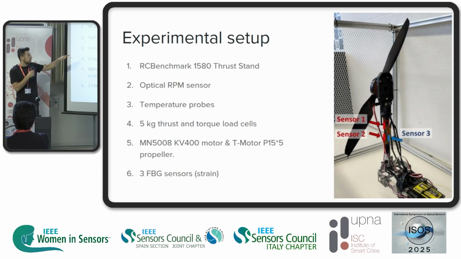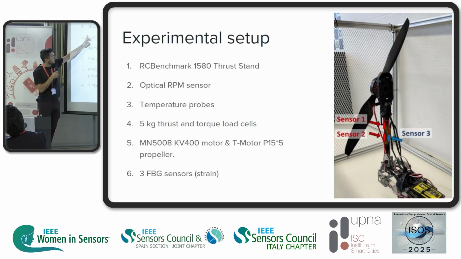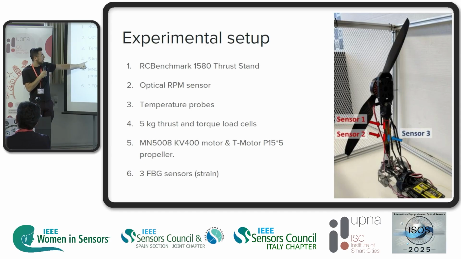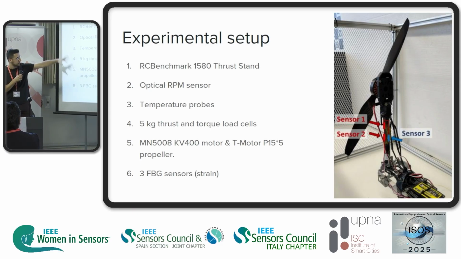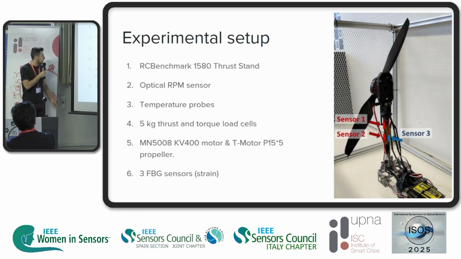We installed some temperature probes to measure temperature changes over the experiment. And the RC Benchmark thrust stand contains several thrust and torque load cells, conventional load cells. So we can measure thrust, torque, the weight of the compound, and all of that.